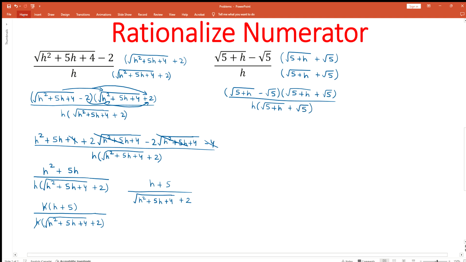Next, we should simplify the numerator expression by distributing the terms in the parentheses. We should use the FOIL method.